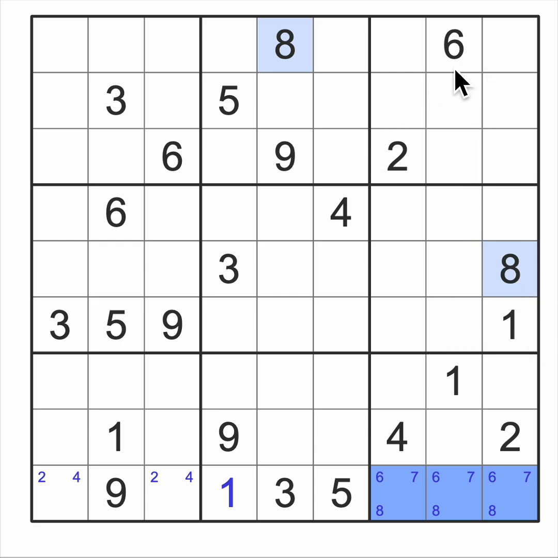Now looking above, here's 6, which blocks this cell, and this 6 also blocks these in box 6, and this 6 blocks these. 6 in box 6 will be here or here, meaning this cannot be 6. So that gives me 6 here and 7, 8 double here.